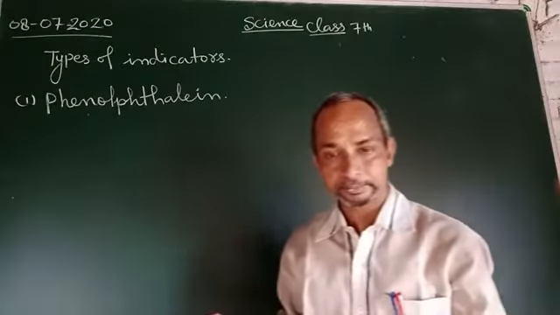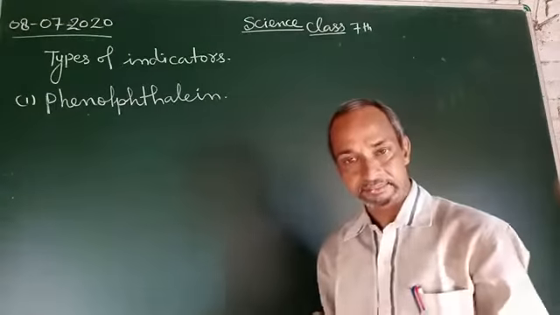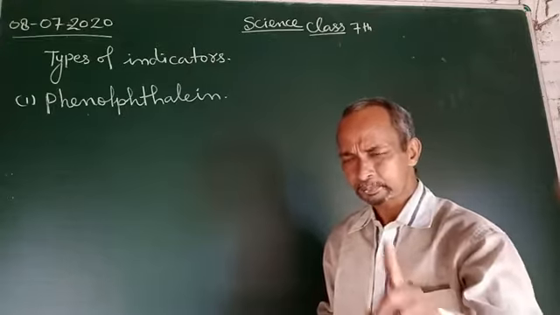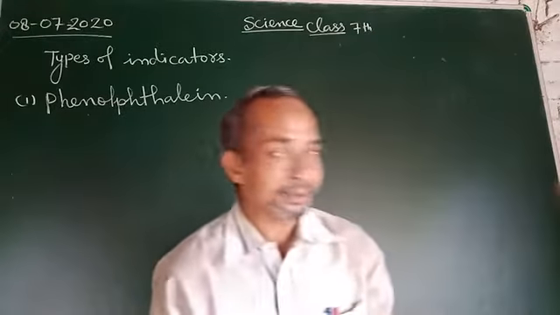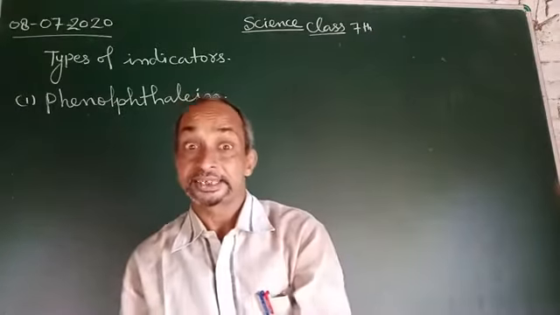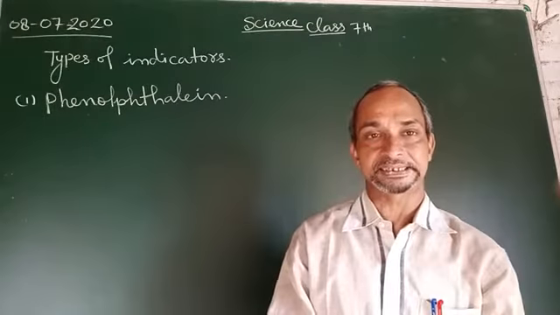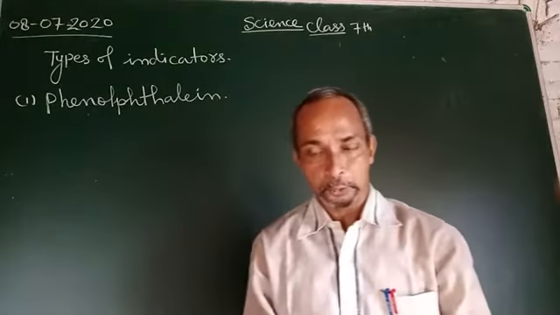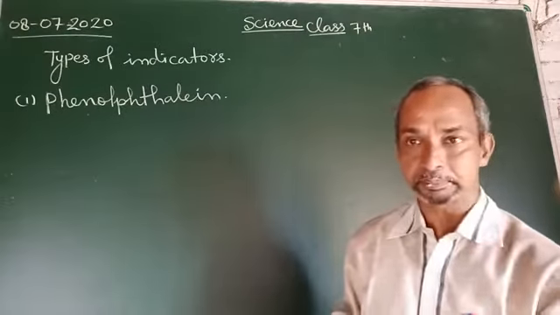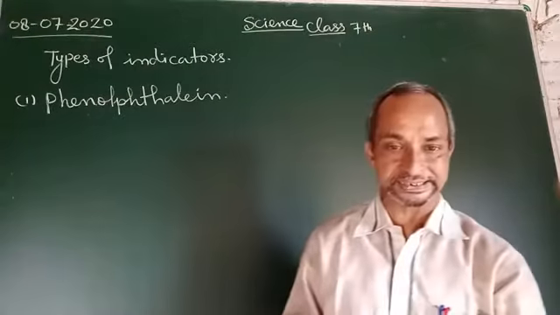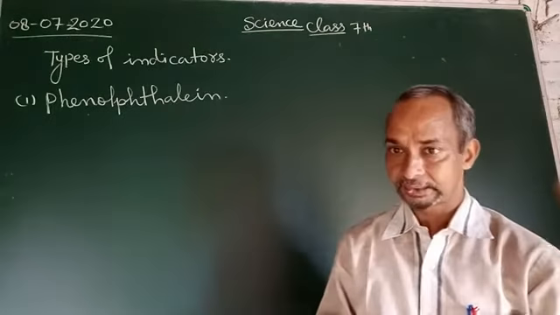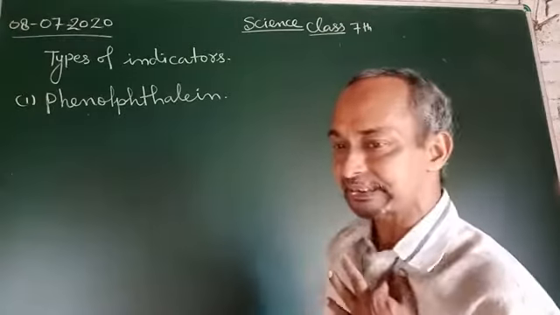For example, pure water, not distilled water, common salt, and sugar solution are examples of neutral substances. So, acidic substances, basic substances, and neutral substances. These are examples of acidic and basic solutions.